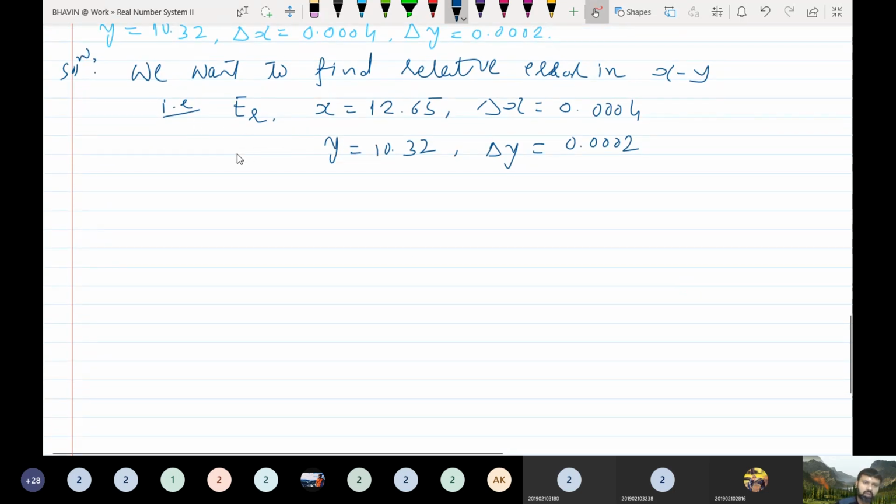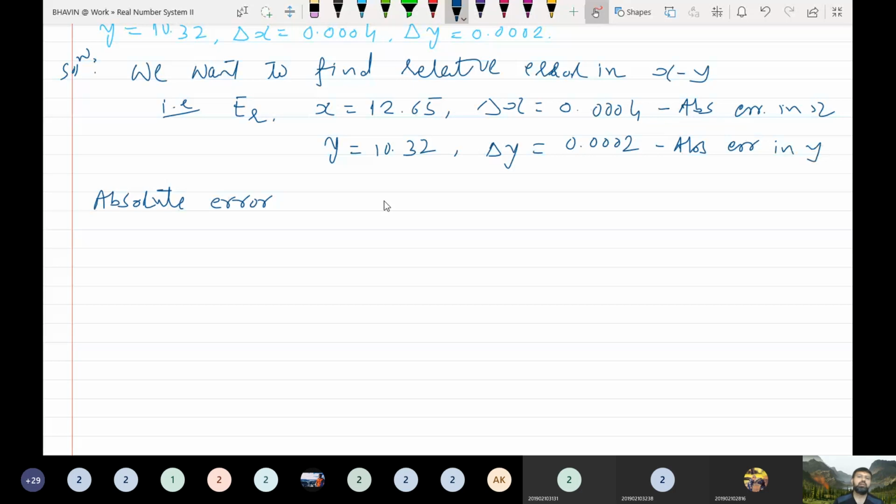So in order to calculate relative error, first of all I should calculate its absolute error. I want to find out absolute error of x minus y, not x. Absolute error of x is already given. It is delta x, absolute error in x. This is absolute error in x.